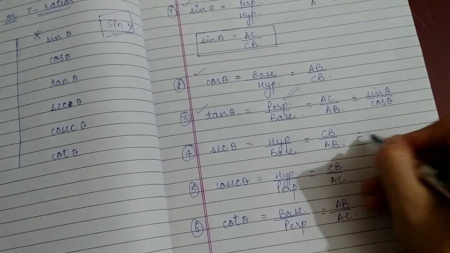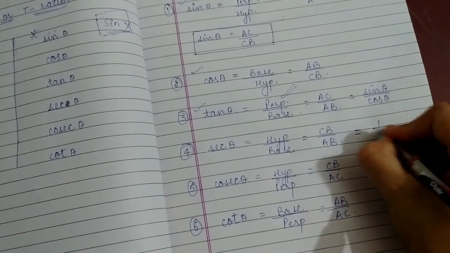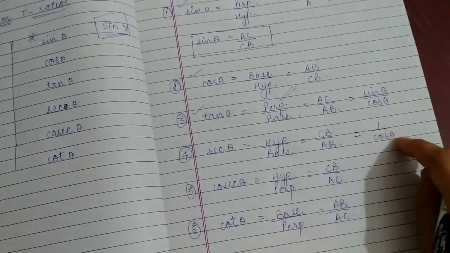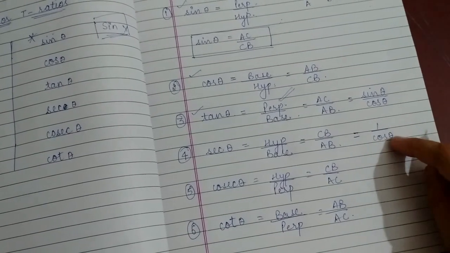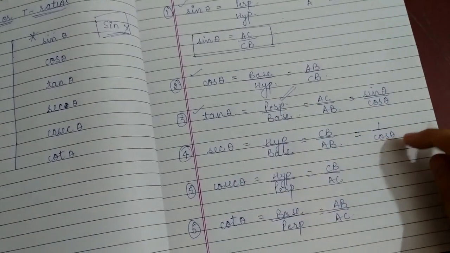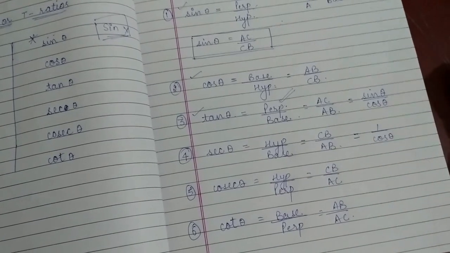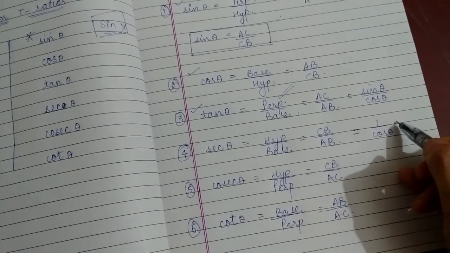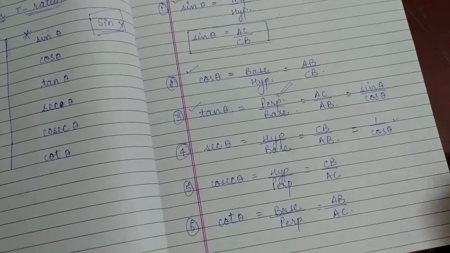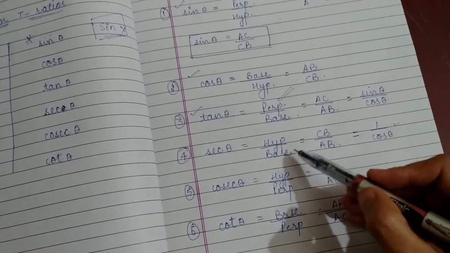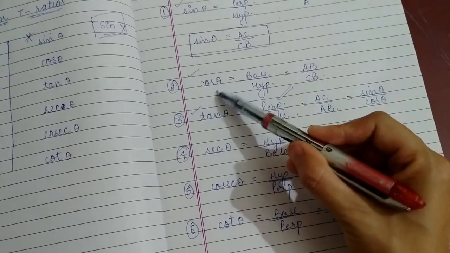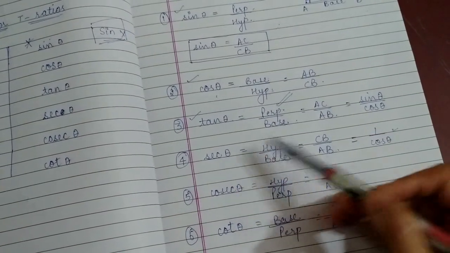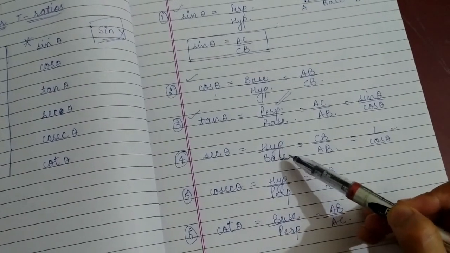Secant theta is 1 divided by cos theta. It's the reciprocal of cos theta, not the complementary. Do not confuse yourself with the words complementary and reciprocal. Complementary is something else, and this is just a reciprocal of cos theta. I'll show you. Cos theta is base divided by hypotenuse, and secant theta is hypotenuse divided by base.